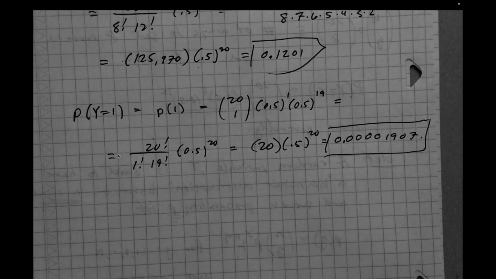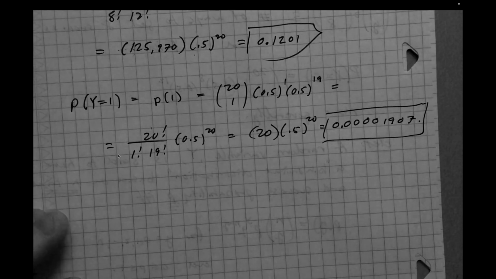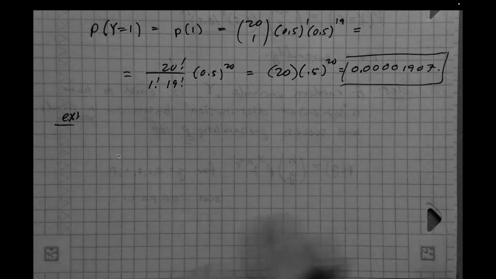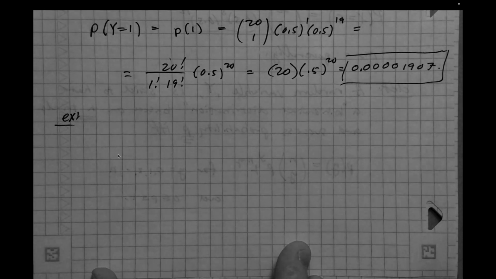Very good. Let's think of another example here. What about this? Let's say I roll a die, but instead of keeping track of evens and odds, I keep track of whether or not the outcome is a 5 or a 6 or something else.